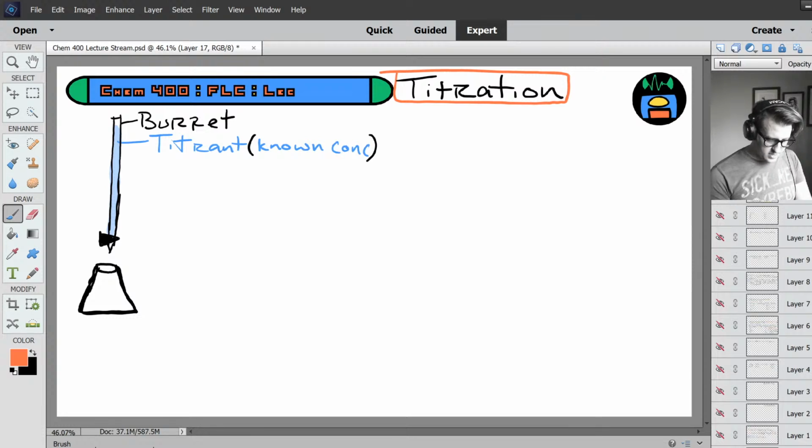Down in the Erlenmeyer, you'll have your solution of unknown concentration, which is called your analyte. There we go. So this right here is your analyte. And this is your solution with an unknown concentration.